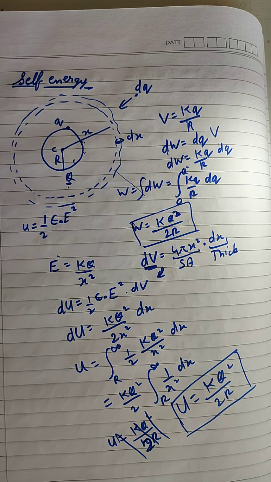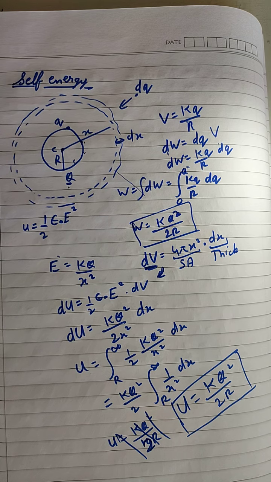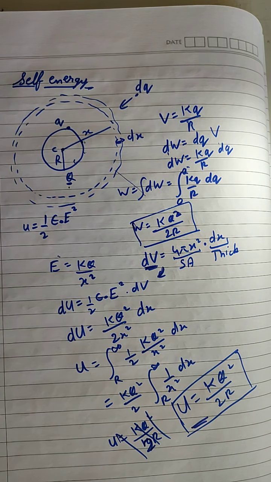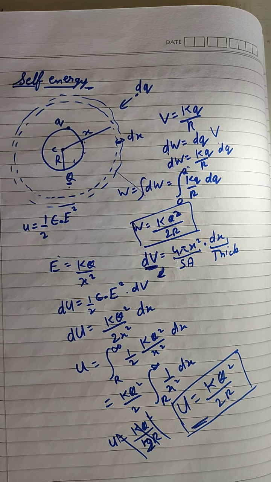So this energy is called self energy, because it is the energy of the body itself. Once a body is charged in this way, its self energy is considered constant because it has already been charged to the maximum capacity. So this will be the maximum self energy the body can have.